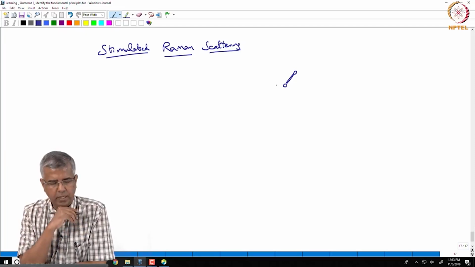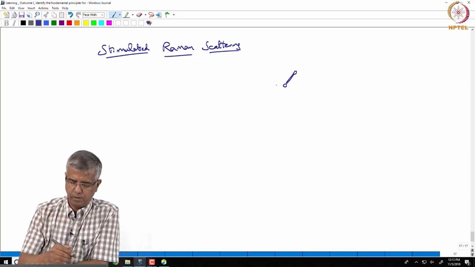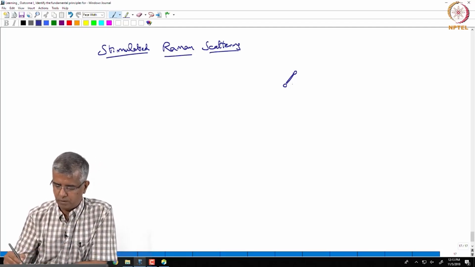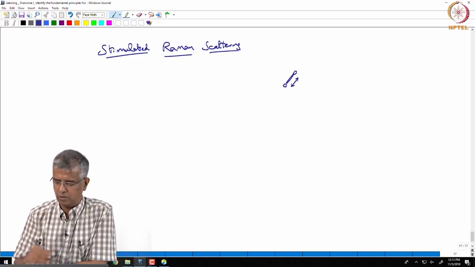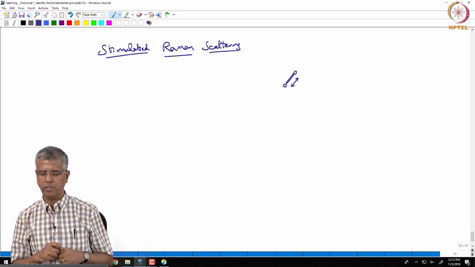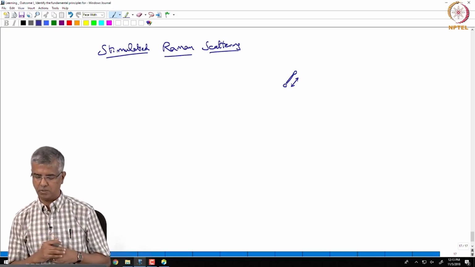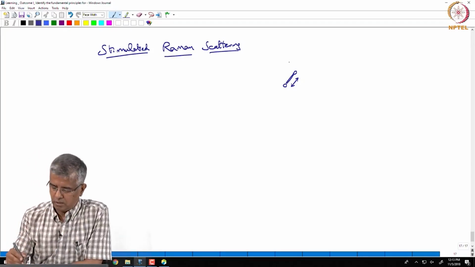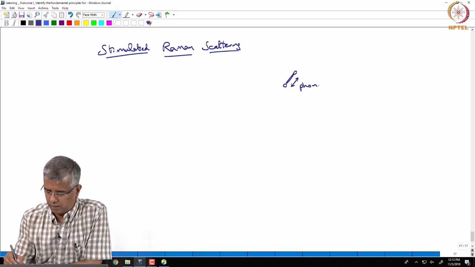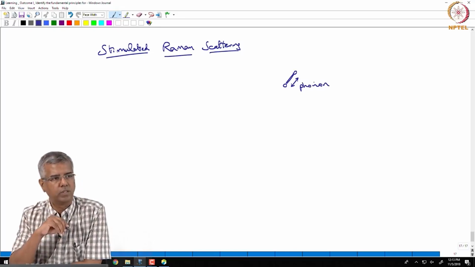We said it could be looked upon as two masses connected by a spring, and once again at room temperature, this is not at rest. Basically the atoms are bouncing around their mean position and in the process stretching the spring, and the vibrational modes corresponding to this are essentially the phonon modes of the structure.